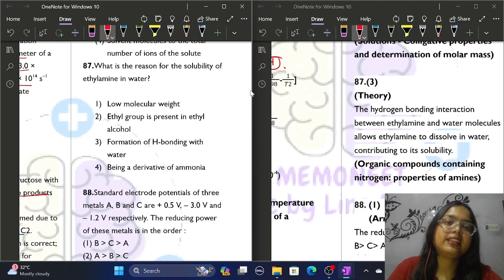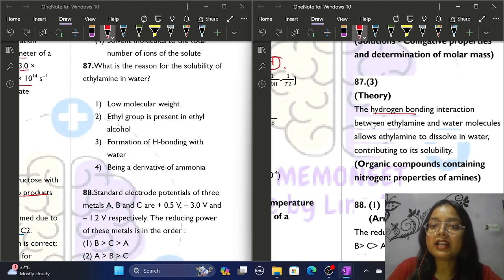Question number 87. What is the reason for the solubility of ethylamine in water? Ethylamine will have hydrogen bonding. So let's draw first the structure of ethylamine. Here it is CH2, CH3, and here is the water molecule.